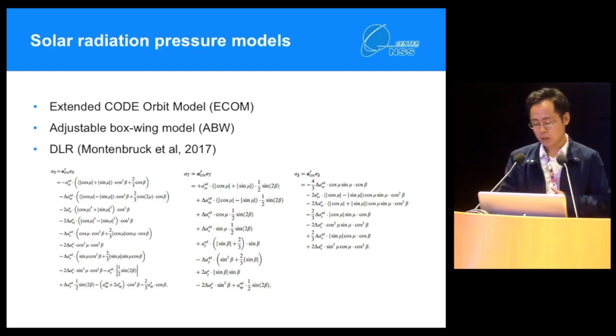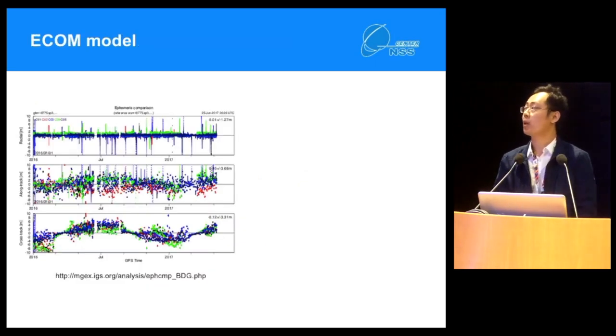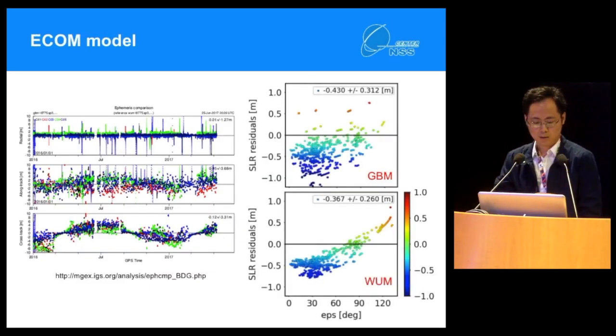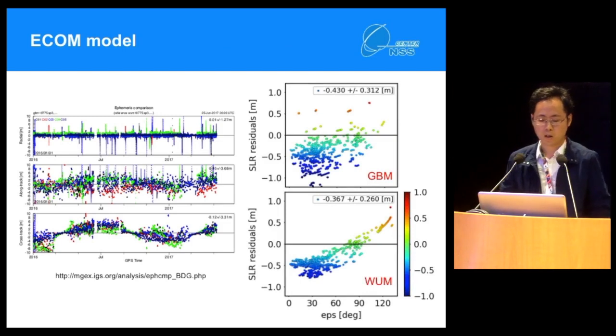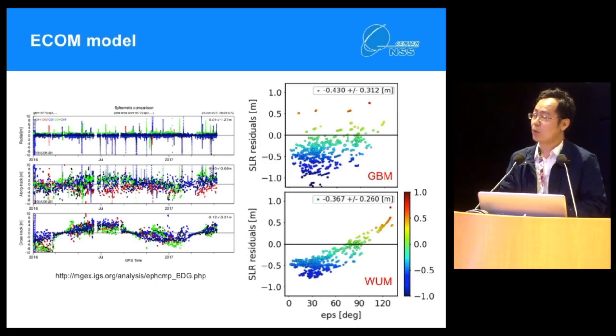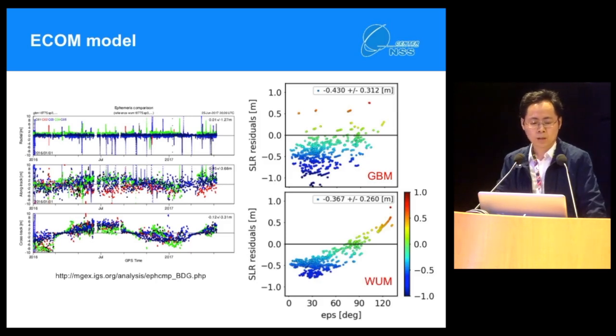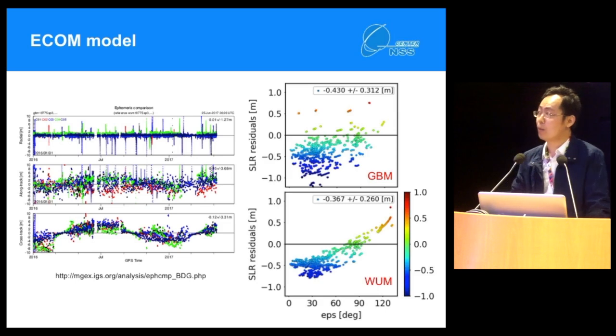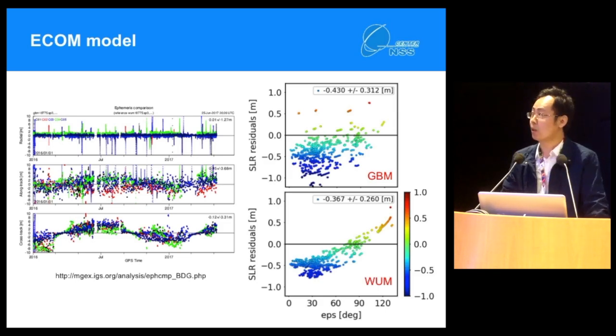I list the orbits from the two analysis centers, GFZ and Wuhan University. For the cross-validation, there are beta related orbit errors in the along and cross directions.